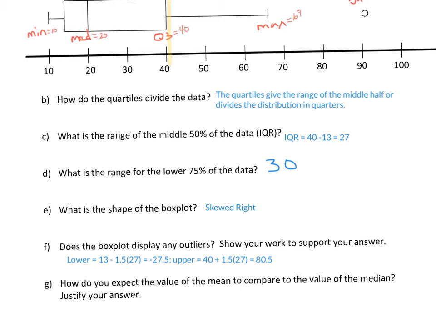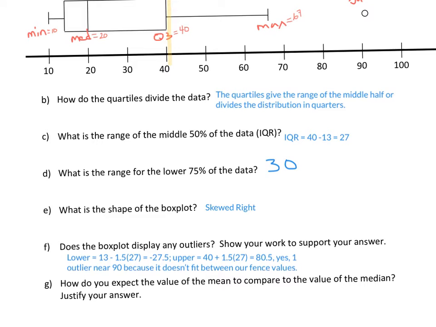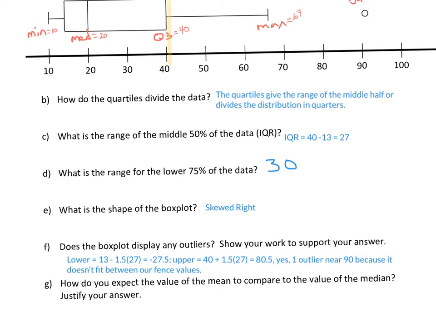What that means is we have one outlier near 90, because it doesn't fit between our fence values. Anytime you do a box plot, this is how we verify whether or not we have outliers.